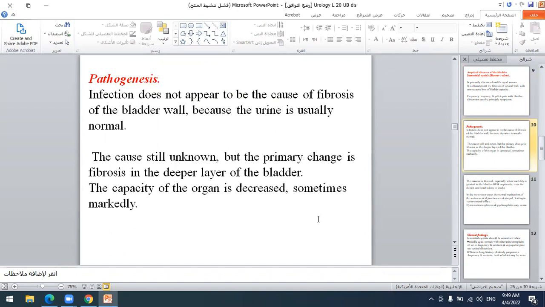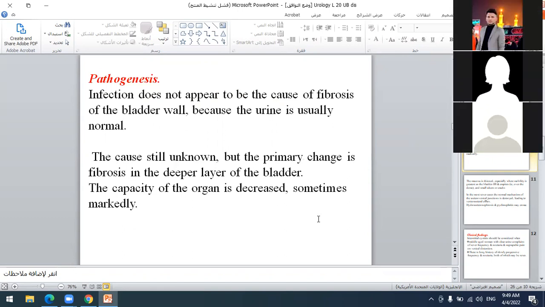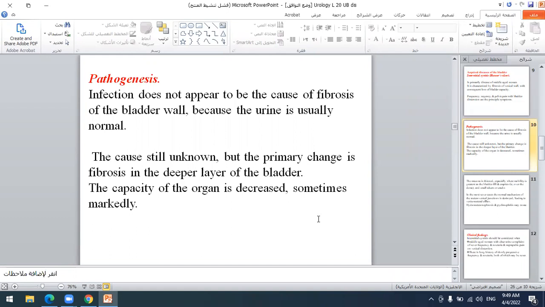Pathogenesis. Infection does not appear to be the cause of fibrosis of the bladder wall because the urine is usually normal. The cause is still unknown, but the primary change is fibrosis in the deeper layer of the bladder.